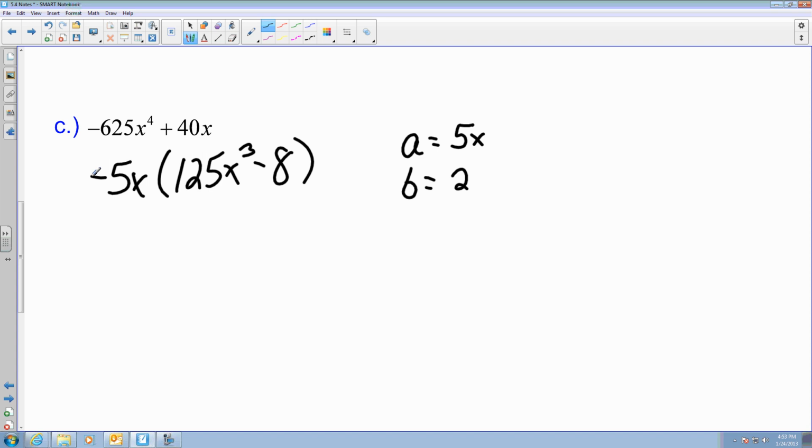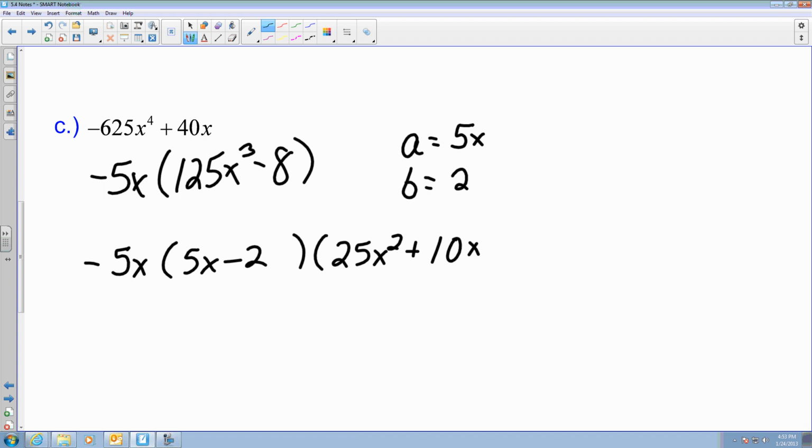If I rewrite that, I'd have negative 5x times 5x minus 2, and I'm just substituting in the values I've given for a and b. In the other parentheses, this would be 25x squared plus 10x plus 4.